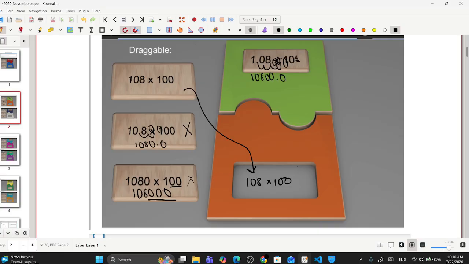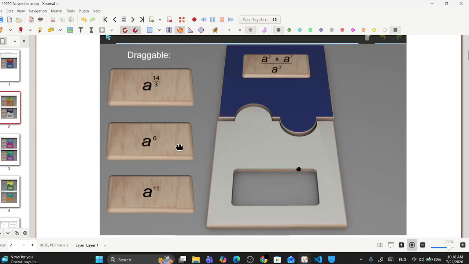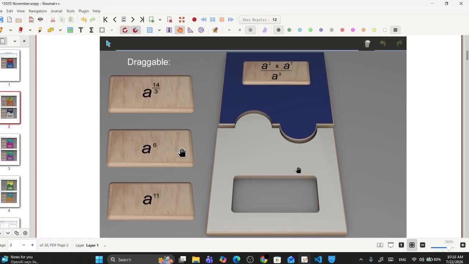All right. A raised to the power of 2 multiplied by a raised to the power of 7 divided by a raised to the power of 3. Now, we know that whenever we have different powers and the same bases, and there is a multiplication sign in between, we get a raised to the power of the powers being added together, and the denominator remains as it is.